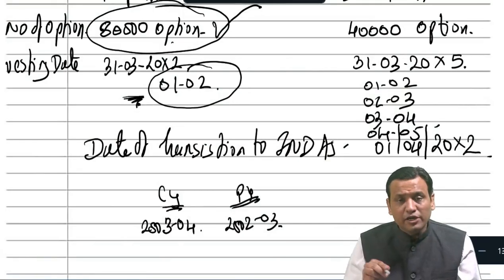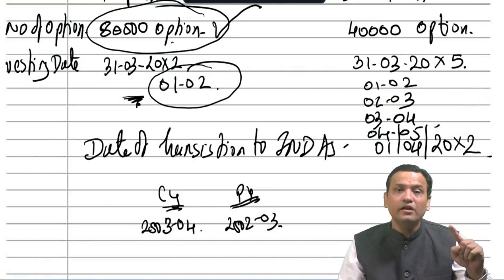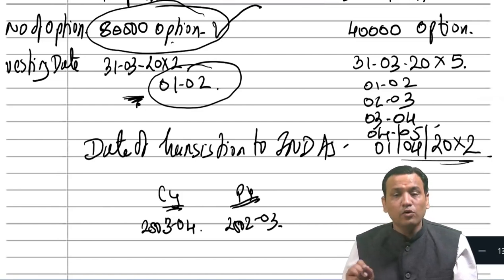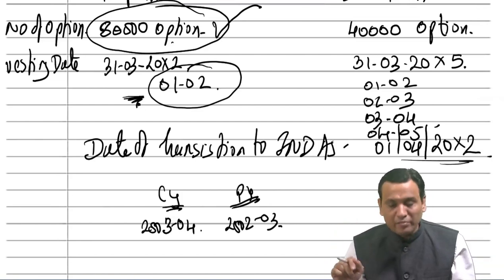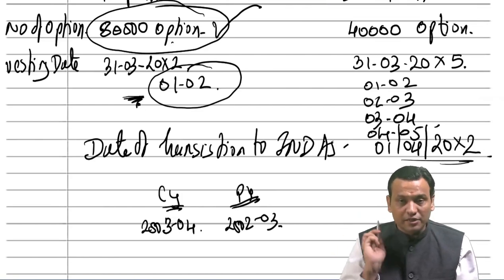So 80,000 into 20, that amount will be recognized in the books by passing an entry: retained earnings account debit to share based payment reserve. So it's obviously going to affect my opening balance sheet, 1st April 2002, pertaining to the 80,000 options.